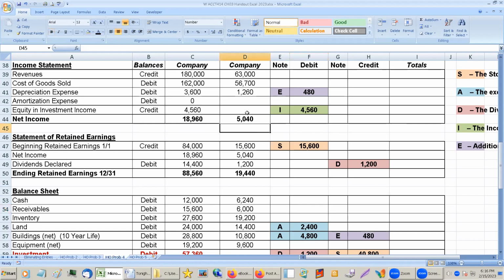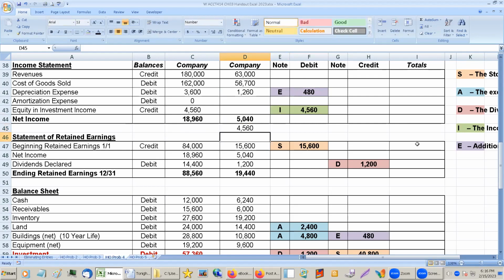Now, our income is already this 4,560. If you're wondering why do this, it is because of the difference between those two. I think if you take the 5,040 minus the 480, you should come up with this number. Let's give it a shot. It should.